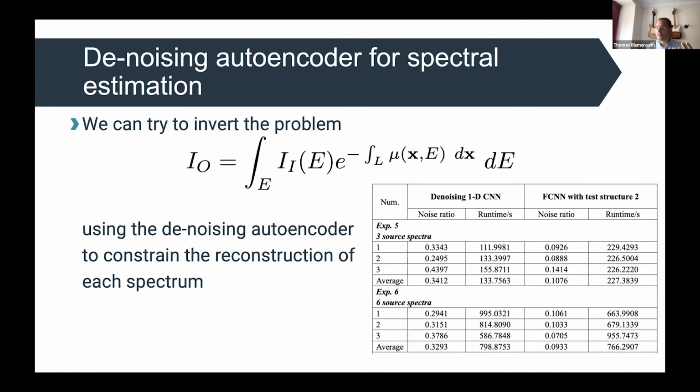We can then use this autoencoder in an iterative algorithm to reconstruct the images. If each pixel or voxel in our image is a mixture of 3 different absorption spectra, or 6 absorption spectra, then depending on what kind of network architecture we use, we get different quality results.